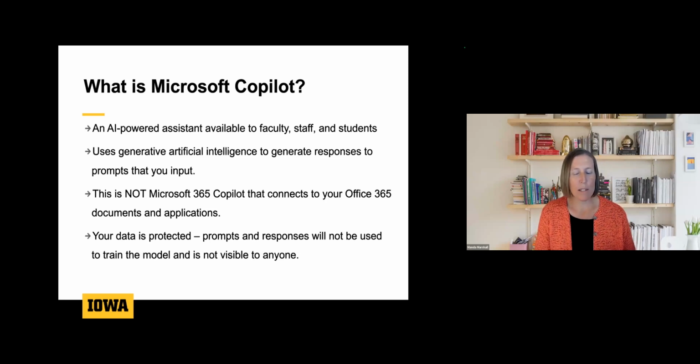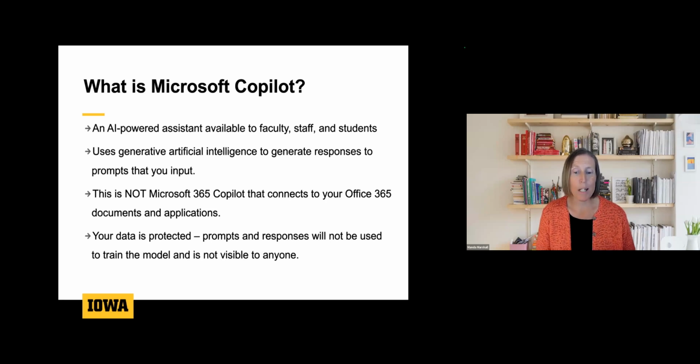And just to be clear, the tool that I'm talking about first today, Microsoft Copilot Enterprise, is not Microsoft 365 Copilot. That's very similarly named. That particular tool does connect to your Office data. This tool that I'm talking about first does not connect to your data. We'll talk a little bit later about Copilot 365, but this tool is standalone. What that means, though, is your data is protected.